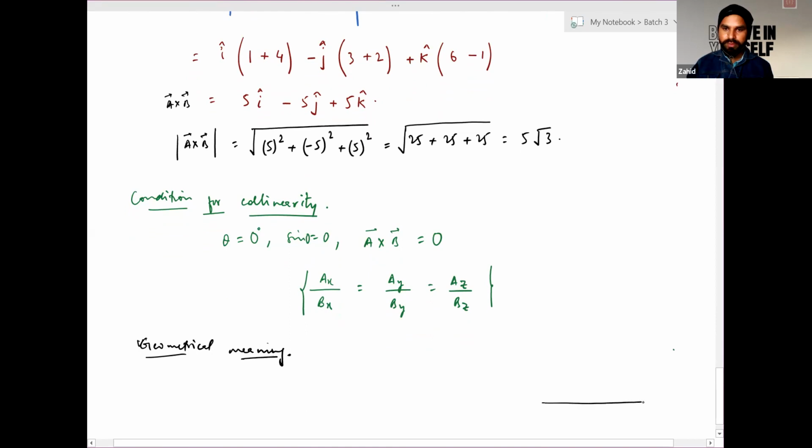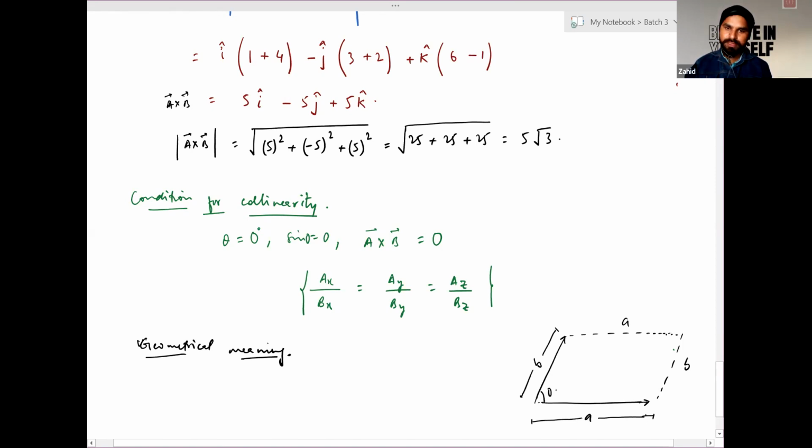Suppose the first vector is this term, that is A, and there is another vector B. If we draw parallel to A along this side and parallel to B along this side, so this will be A and this will be B. The length of this arrow from this point to this point will be A itself, and the length of B from this point to this point will be B itself.